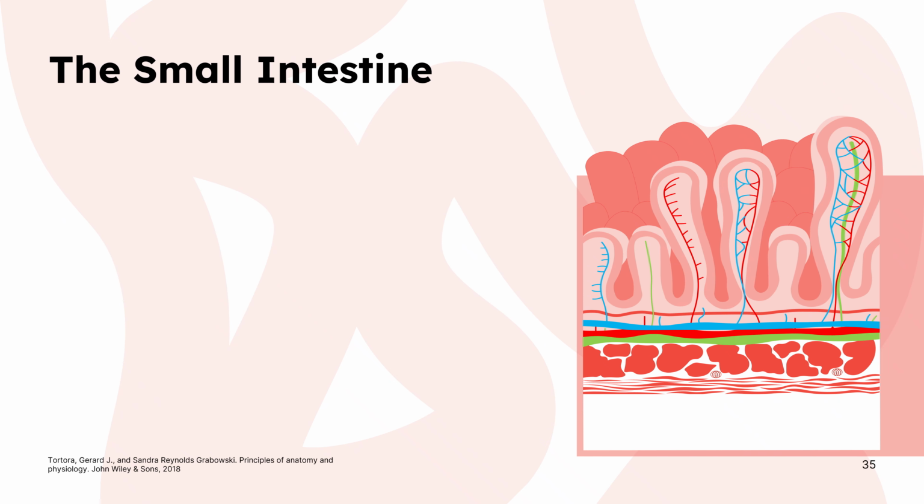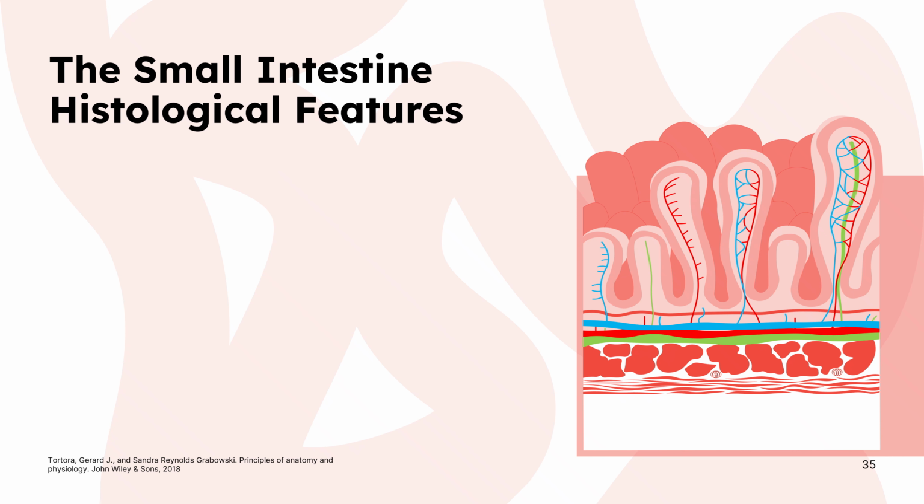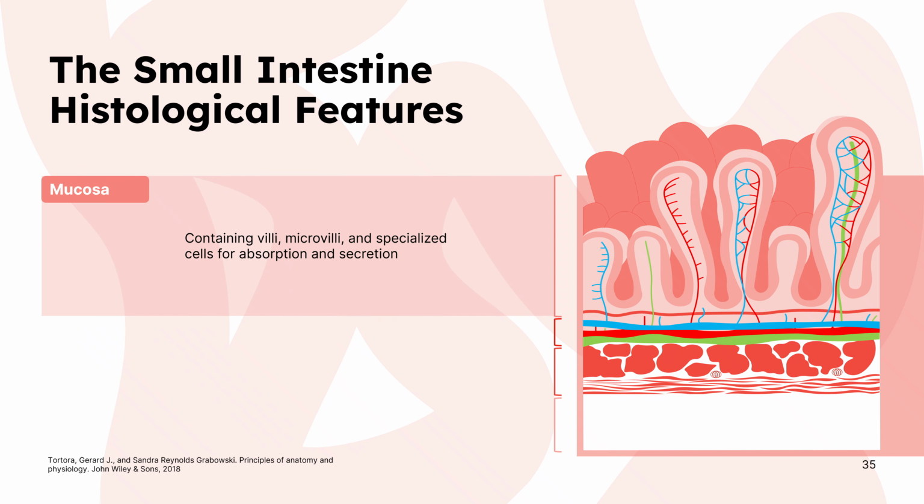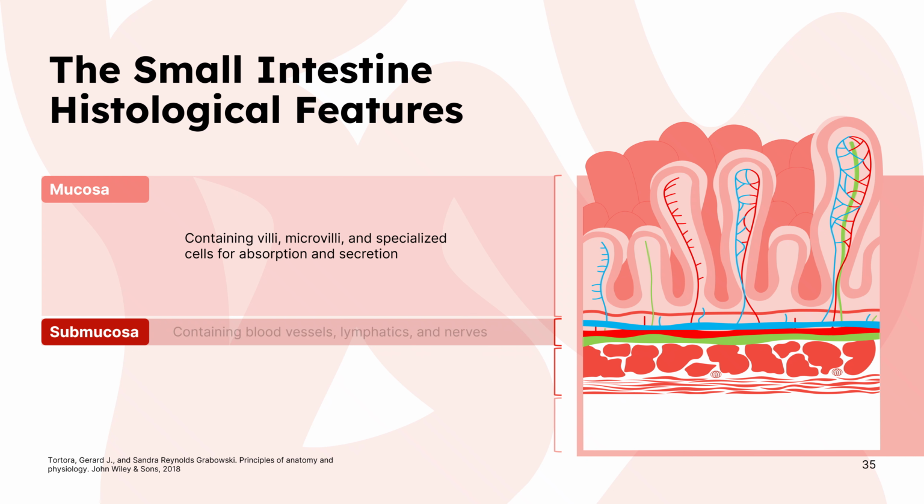The small intestine's histological structure consists of 4 distinct layers, each playing a vital role in digestion and nutrient absorption. The mucosa. This innermost layer contains villi and microvilli and specialized cells, responsible for both absorption and secretion. The submucosa. Located beneath the mucosa, this layer houses blood vessels, lymphatics, and nerves that support nutrient transport and communication within the digestive system.